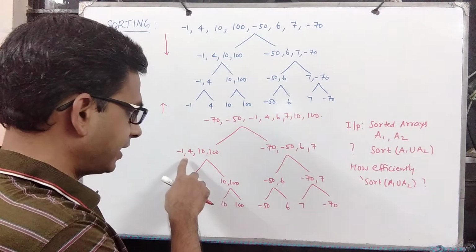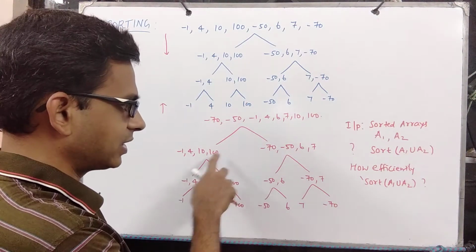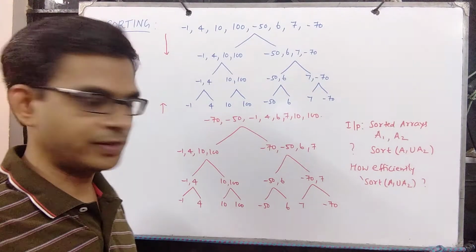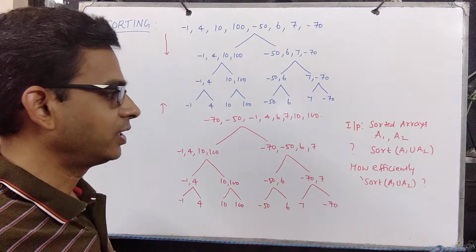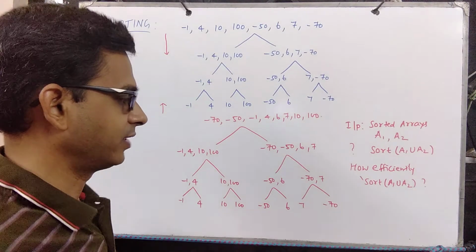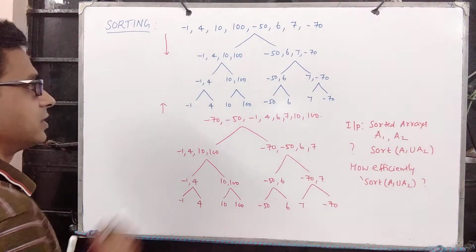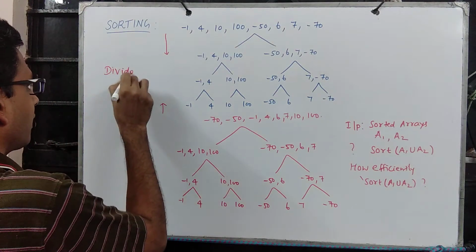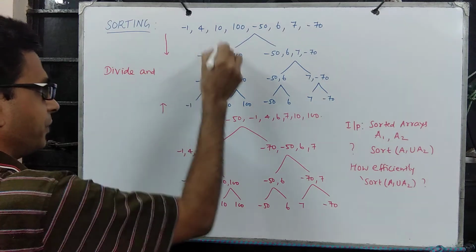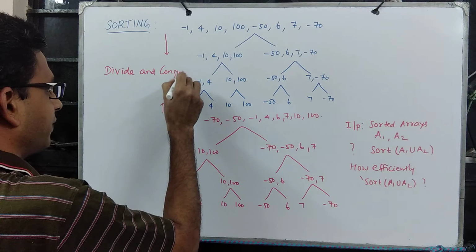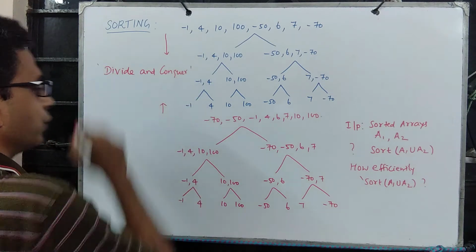That's the underlying cost. Once we know this cost, then we can substitute it in the recurrence relation and solve using our usual strategy to get a solution to this design. So this follows divide and conquer: divide as part of the input phase and conquer as part of the combine phase, where we build the solution.